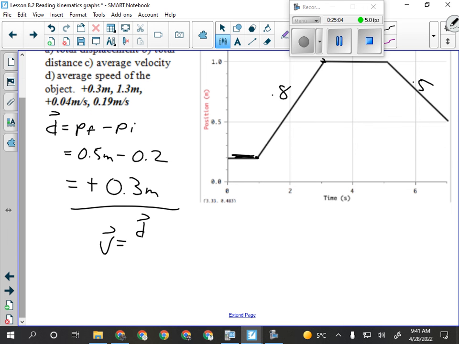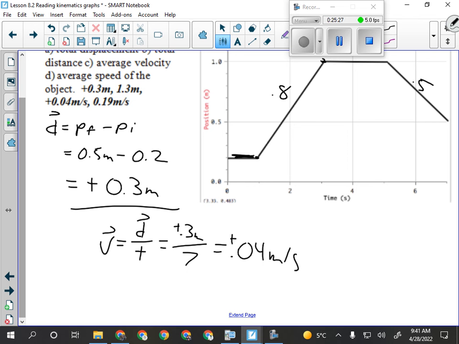Average velocity is total displacement, which I already calculated, divided by total time, which I can read off of the graph. So, positive 0.3 meters divided by 7 seconds should give me my positive 0.04 meters per second.